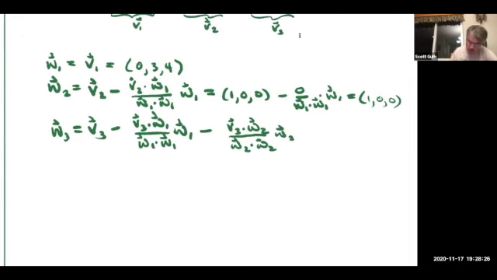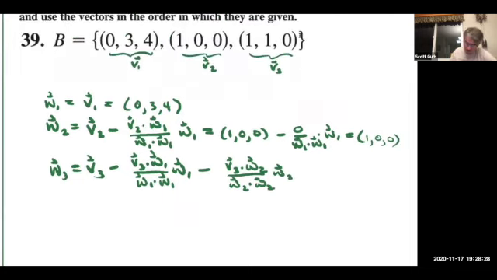Okay, and then we can see how much we can do here. So V3 is 1, 1, 0. And then V3 dotted with W1, to me, that looks like 0 plus 3 plus 0, so I think it's just 3. And then W1 dotted with W1.